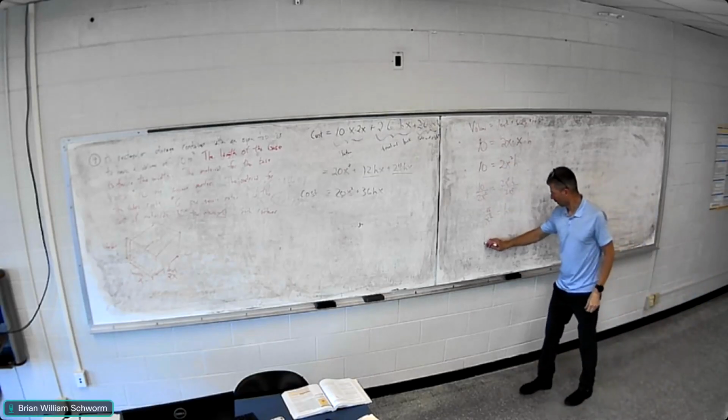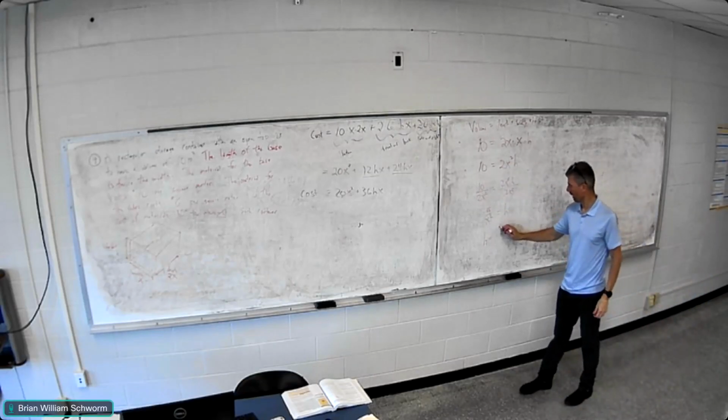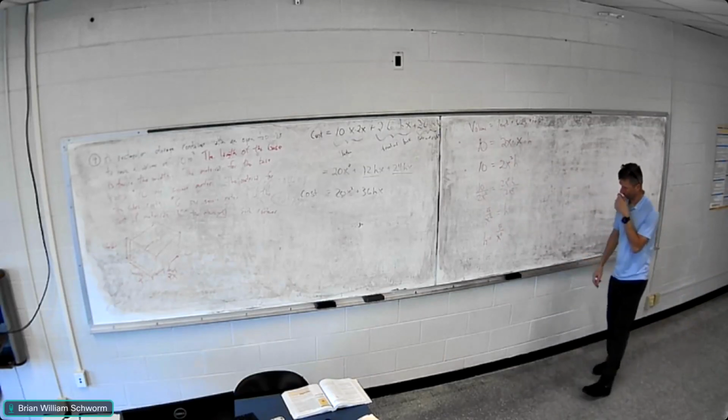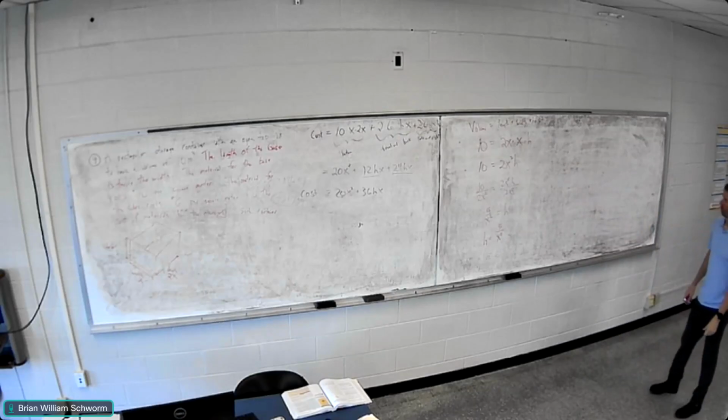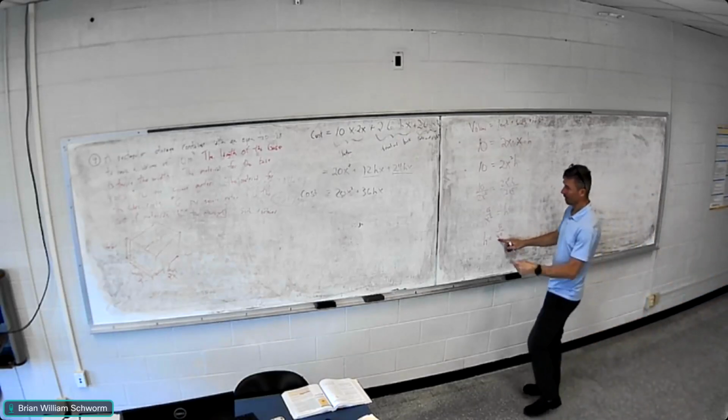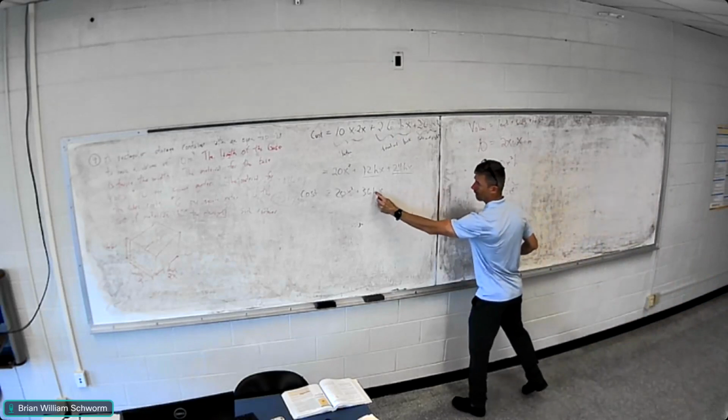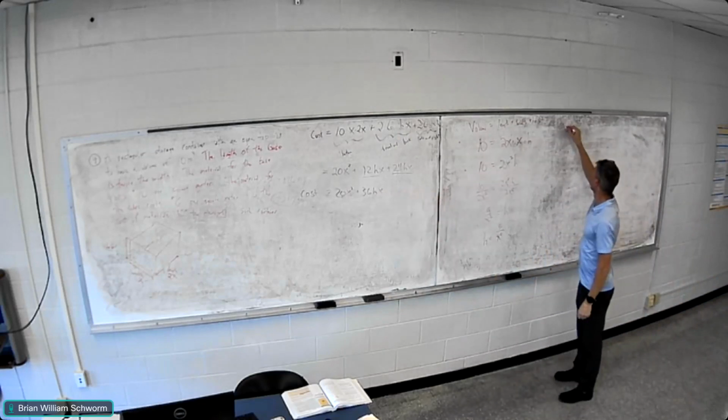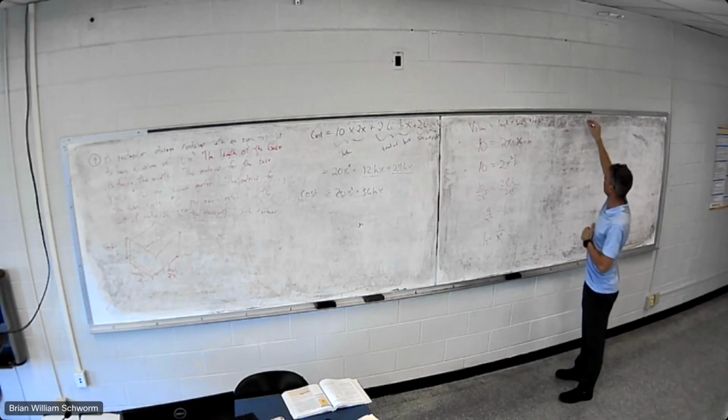Not that it really matters, but if I reverse it around, h is 5 over x squared. So now I can take that, plug it in for the h over here, and get a formula for the cost that only has x's.